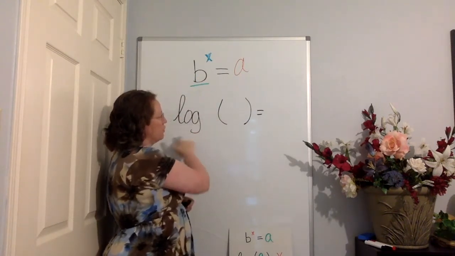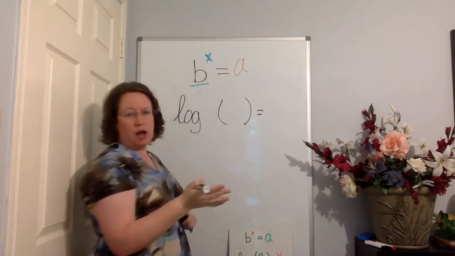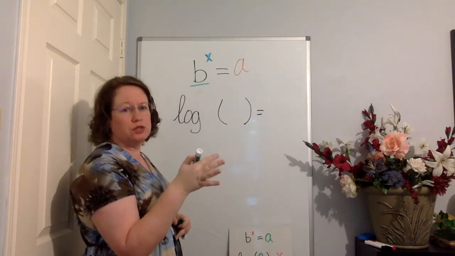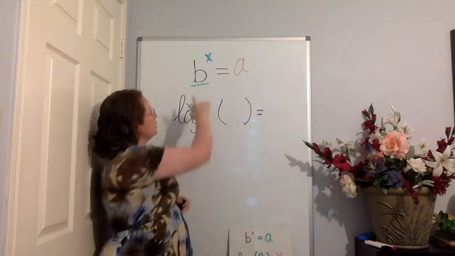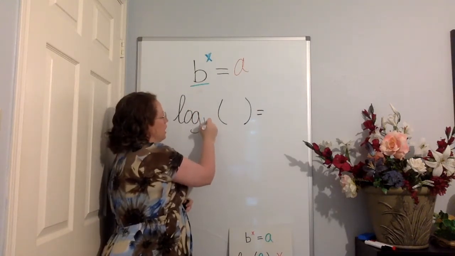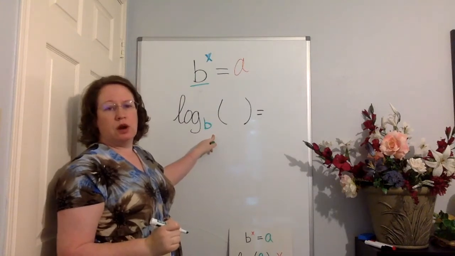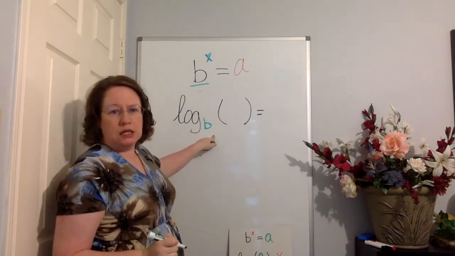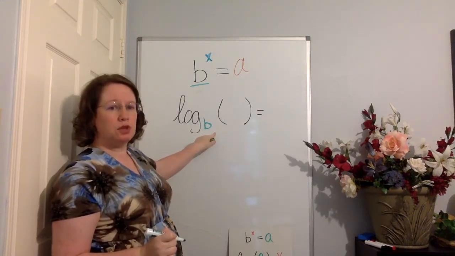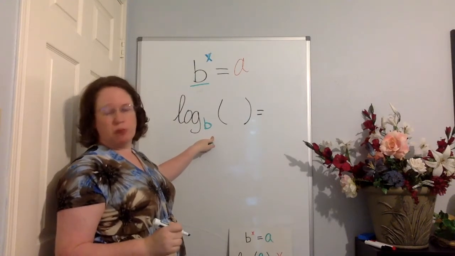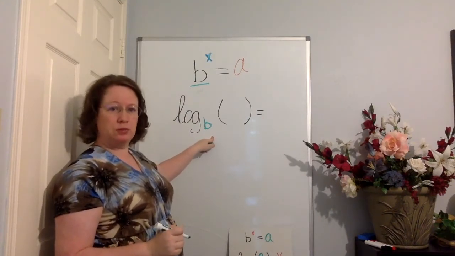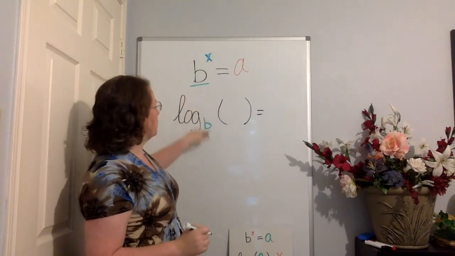When you write it in log form, the first thing you do is write the word log. I know we've gone from letters to words now. It's okay, we can handle this. We write our base down and little, so our big base becomes little baby b. The base always goes at the bottom. In Microsoft Word, we call this a subscript.